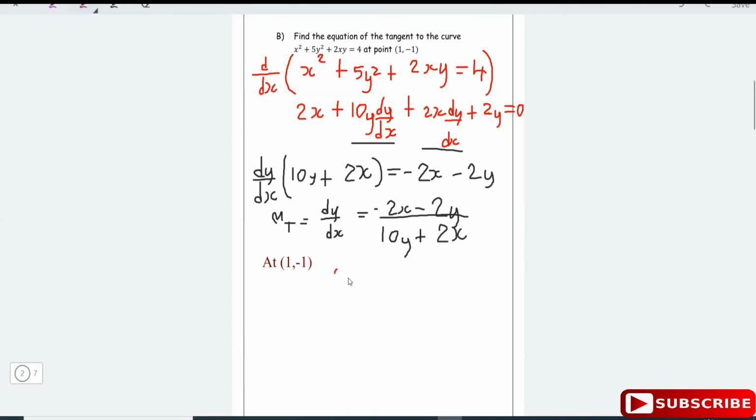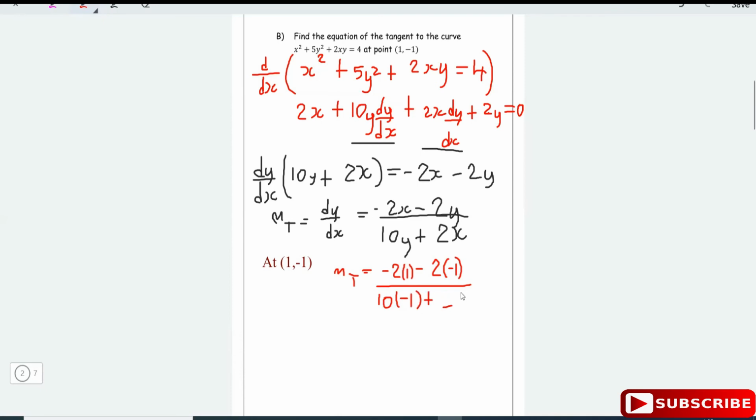So what we're getting is the gradient of the tangent is equal to minus 2 times 1, minus 2 times minus 1, over 10 times minus 1 plus 2 times 1.